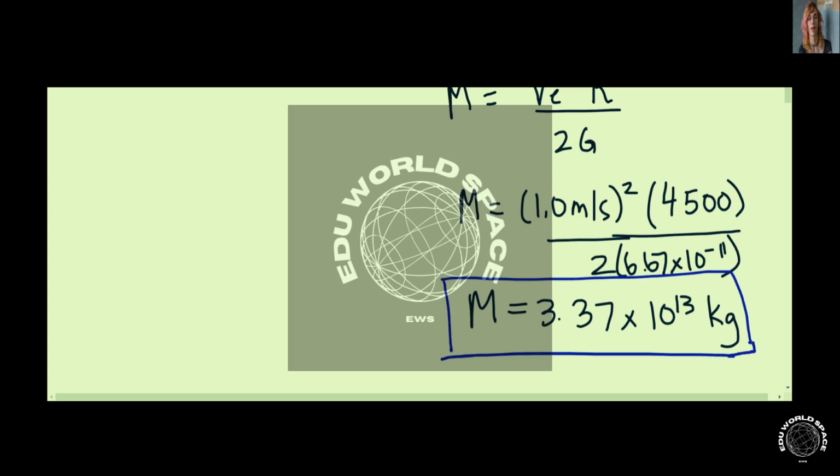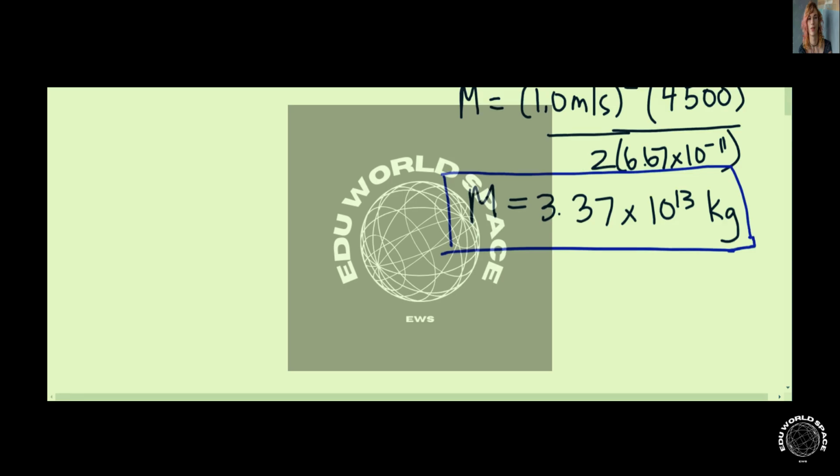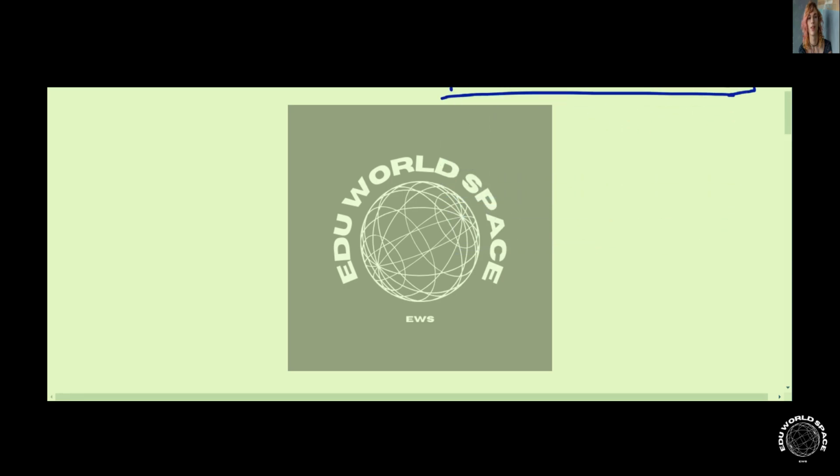And then in part B, we are asked to calculate how far from the comet's center will the debris be when it has lost 90% of its initial kinetic energy, and how far will it be when it has lost all of its kinetic energy. So this is really a question about conservation of energy.